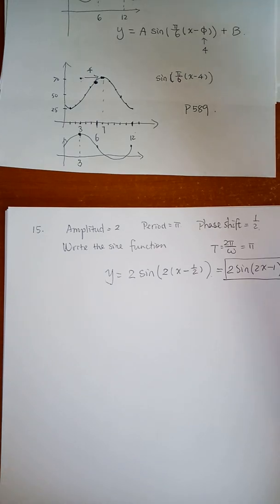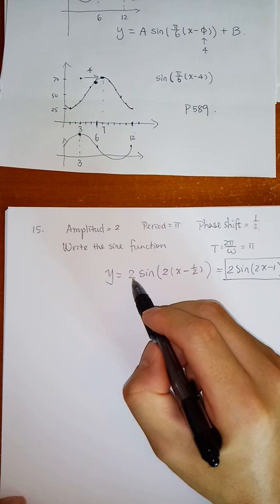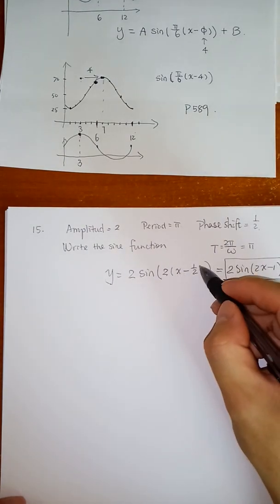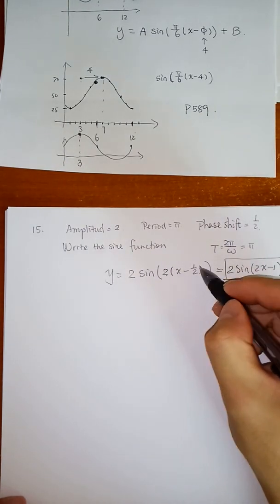So that's a formula. Okay, see, amplitude 2, period will help us find omega, and the phase shift, just be careful. Phase shift, you must put parentheses here.